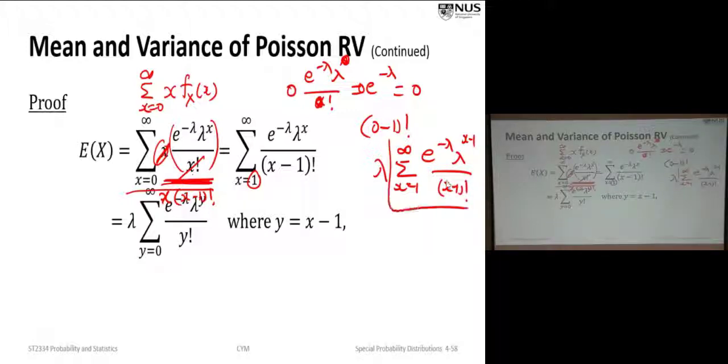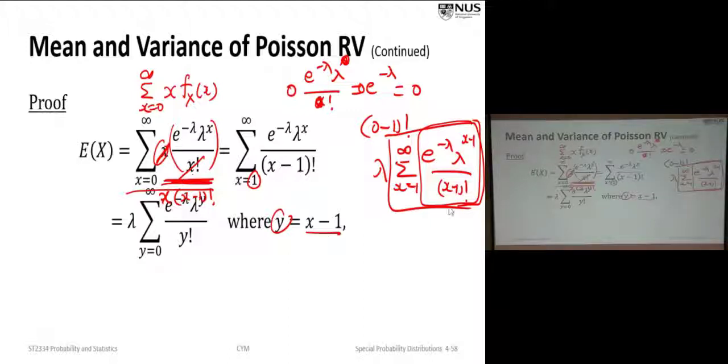Now here is the trick. This part looks like a probability function of a Poisson random variable. So to make it clear, I define y equal to x minus 1.